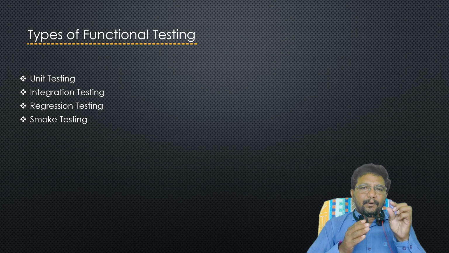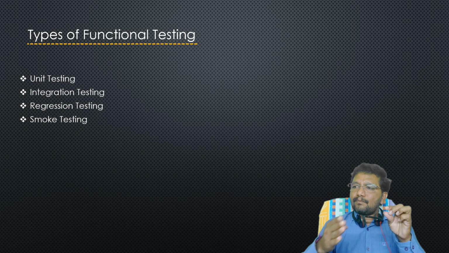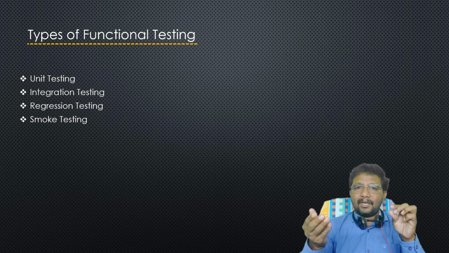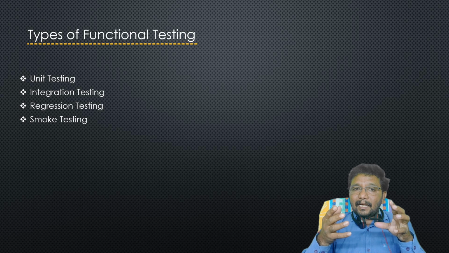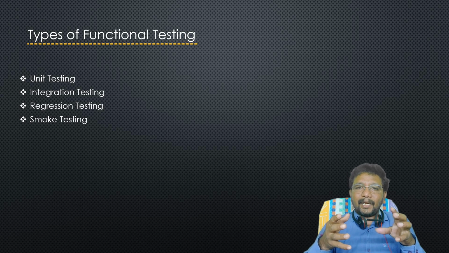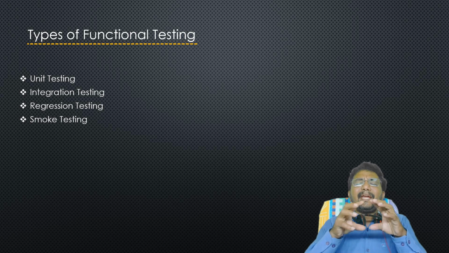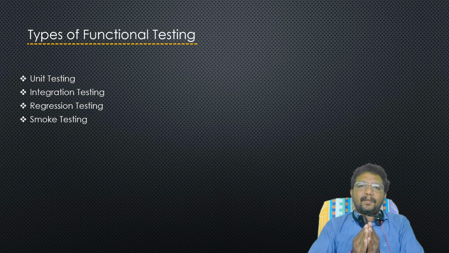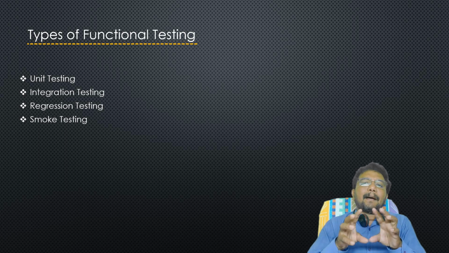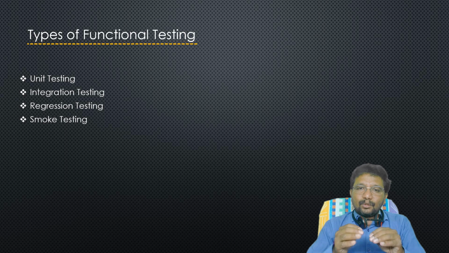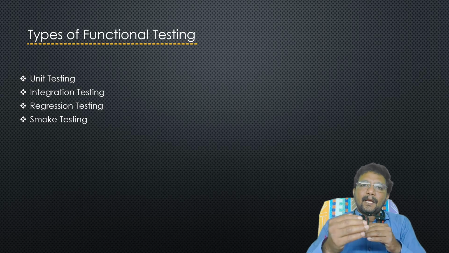For example, if an important module is not working properly, the tester cannot move forward to test other features of the application. That is called what? Important blockings. So to test whether there are important blockings, we perform the main important functionalities first to decide whether the application is ready to test further. So that is why it is called smoke testing.